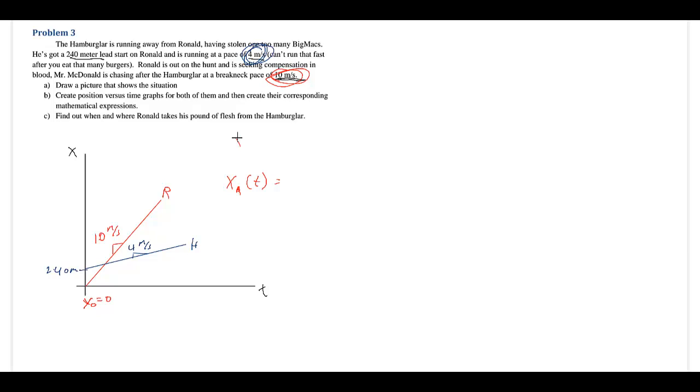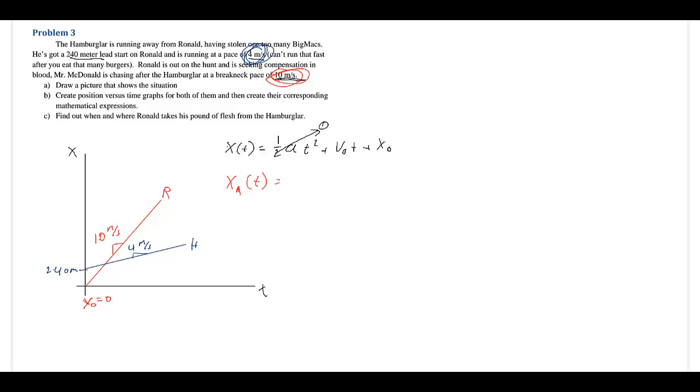Remember that position as a function of time is equal to 1/2 a t squared plus v initial t plus x initial. Now for this problem, these are constant velocities, acceleration is 0 for both, so we can ignore this part, we really just need this.